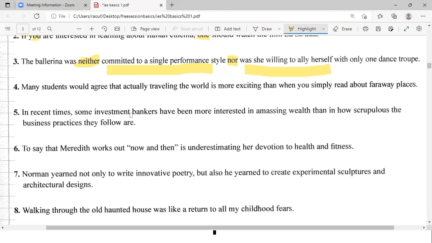Number 4 requires some thinking. So I hope you can all think of it and send it to me on the chat box, please. Go ahead.